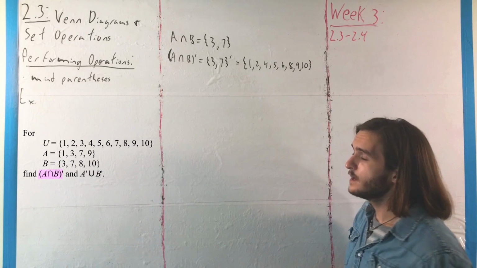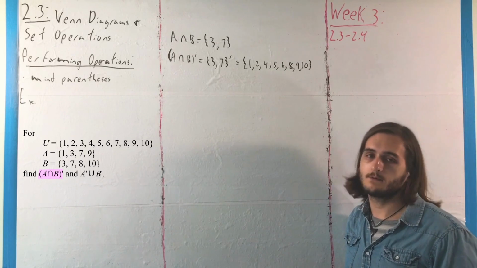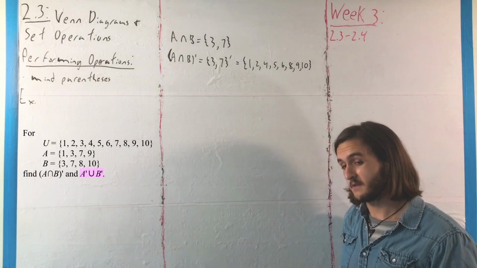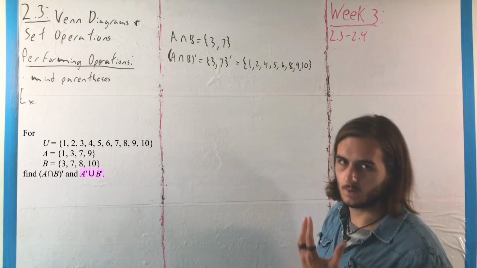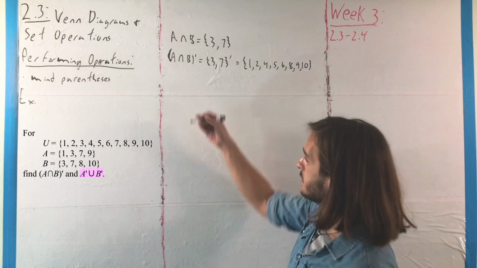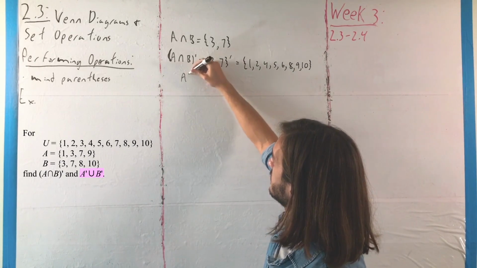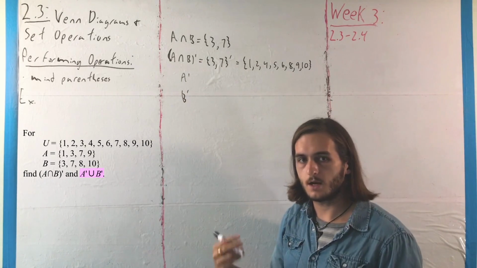Take everything else. Meanwhile, if we want to find A complement union B complement, much like with the order of operations, when we wanted to treat exponents as being more important than anything else, we treat primes as more important than anything other than parentheses. So we'll start by finding A complement as well as B complement, and then we'll take the union of each of those.